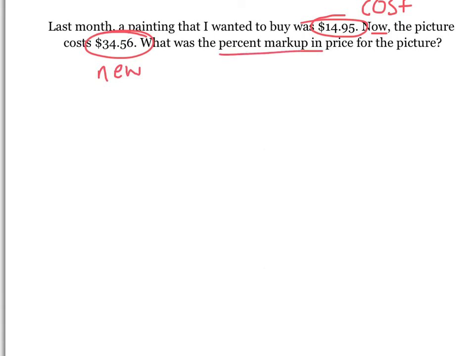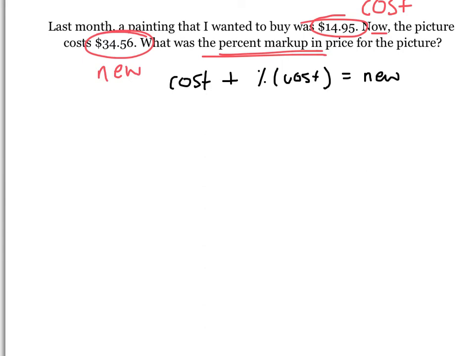What was the percent markup in price for the picture? And remember, when we're doing percent markups, we take the initial cost plus the markup, which is the percentage times initial cost, and that is going to equal our new cost. And now it's just a matter of filling it in.